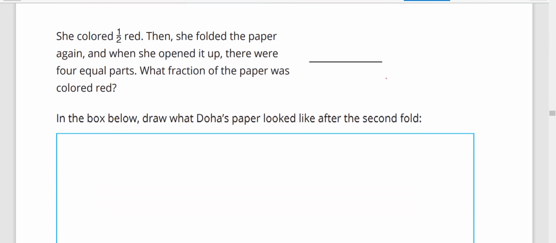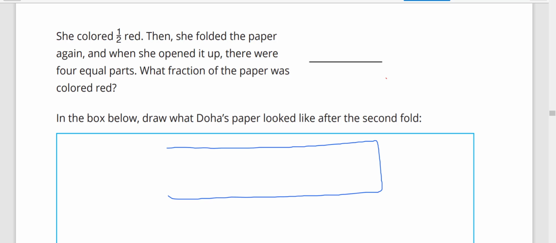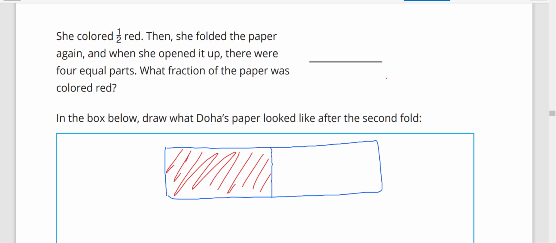At first, she has one paper. She divided it into 2 equal pieces, and she colored half red. This is half. Then she folded it again into 4 equal parts.